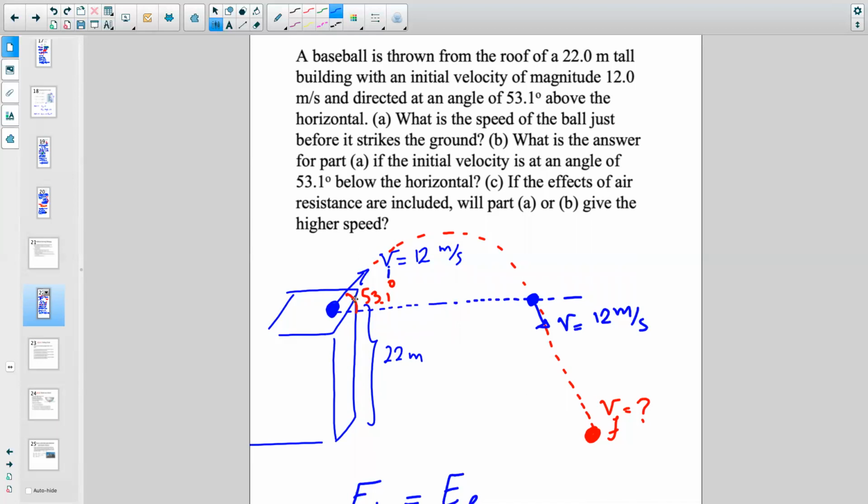In a longer path, you are losing energy because friction is turning that energy to heat by the work it does. So the final velocity will be less. Versus if you're aiming the velocity 53.1 degrees down and hitting the ground, you're going in a shorter path, so you're hitting the ground faster, and less energy will be turned to heat by friction.